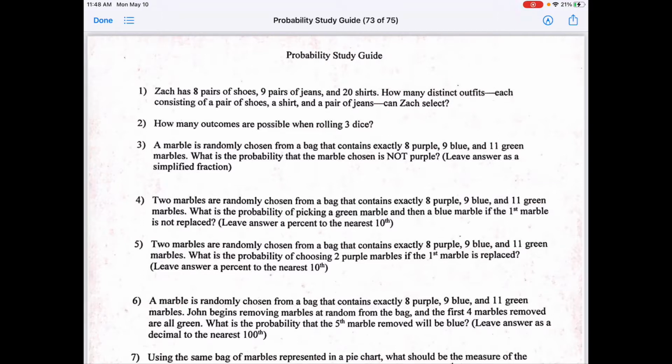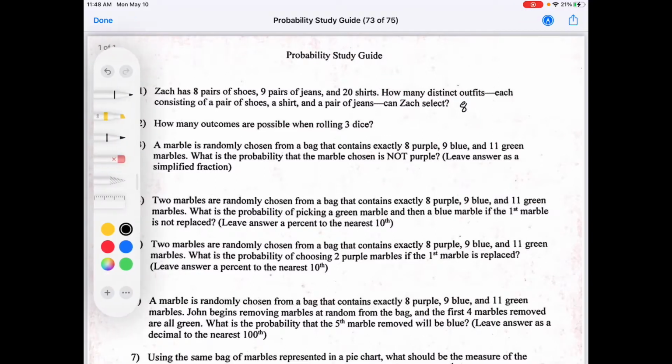And all you have to do is just multiply however many items you have in each group together. So number 1, you have 8 pairs of shoes, 9 pairs of jeans, 20 shirts. If you're picking one, or Zach is picking one item out of each group, how many outfits can he come up with? And so all we're going to do is just multiply the number that's in each group. 8 times 9 times 20.